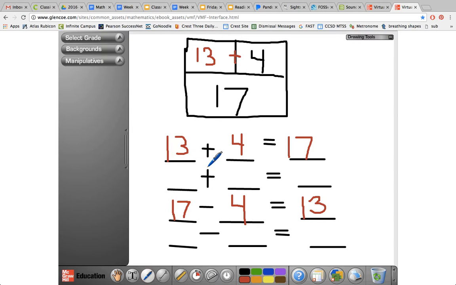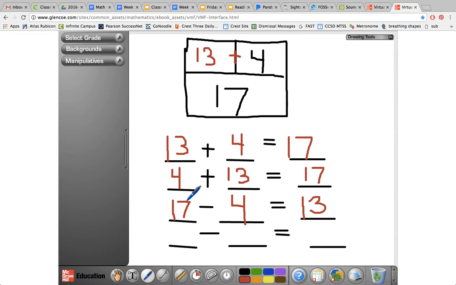Another equation I can make is by doing the turnaround fact for addition. So I can move my parts in a different order because I know that I can add my numbers in any order. So my other equation would be 4 plus 13 equals 17, my whole.